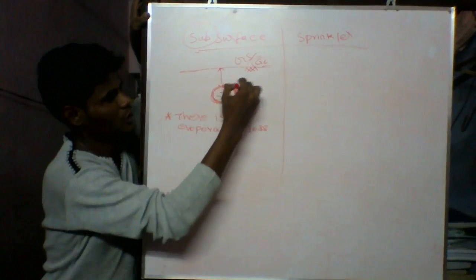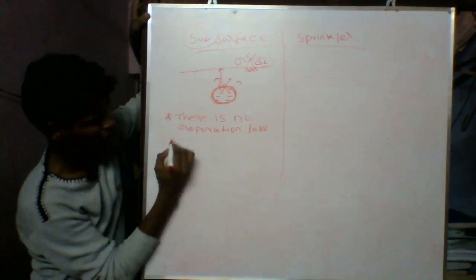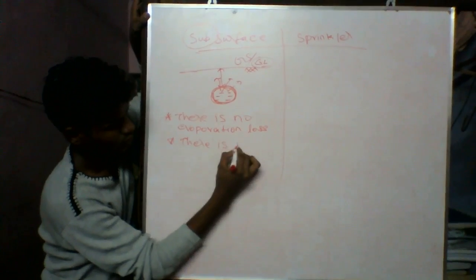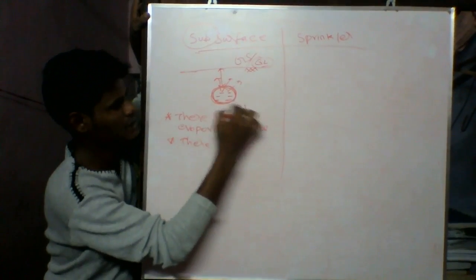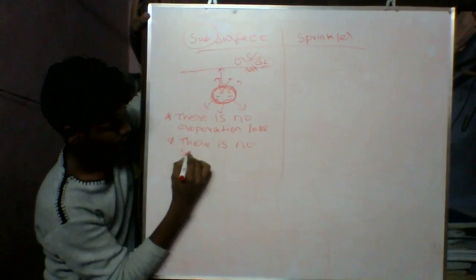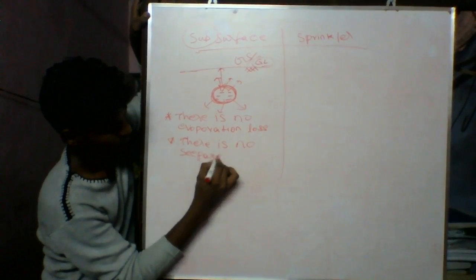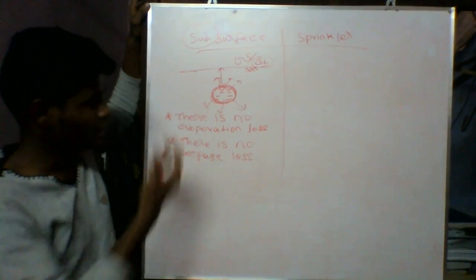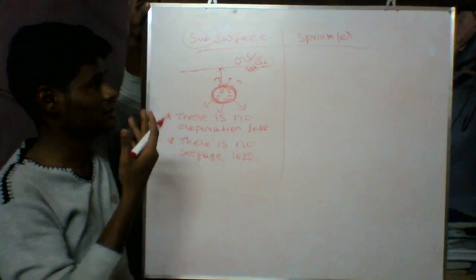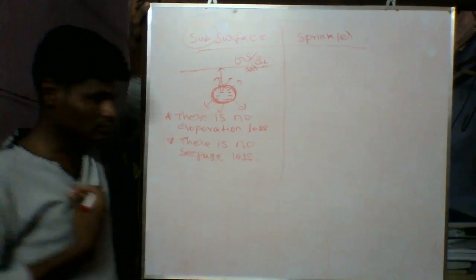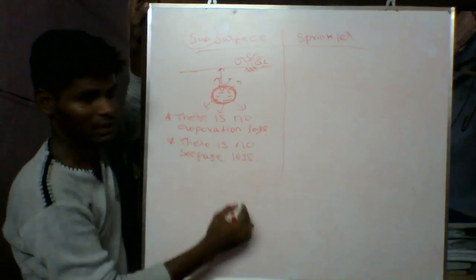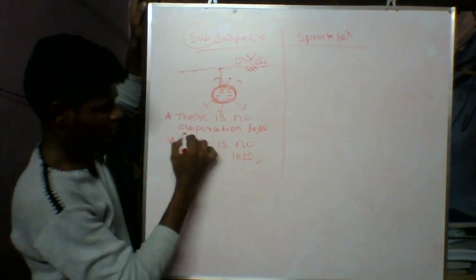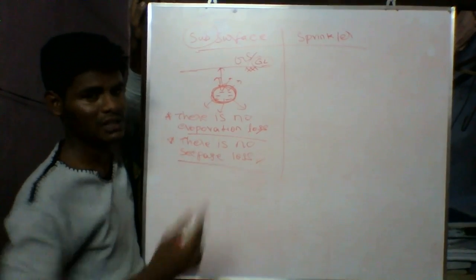And another important point is, there is no seepage loss. But in surface irrigation method, the loss due to evaporation is there and the loss due to seepage is there. So in this method, there is no evaporation loss and no seepage loss.